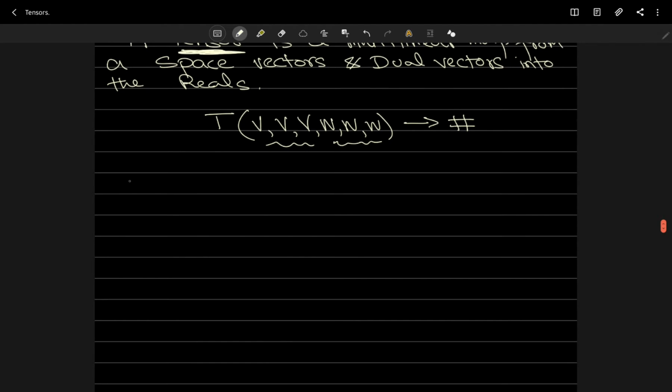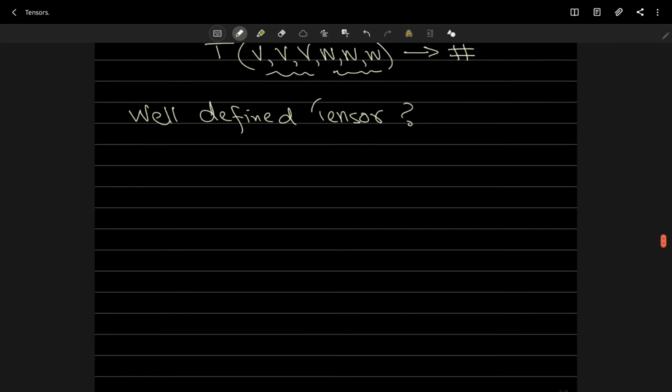So then the naturally occurring question is, what is a well-defined tensor? Well, a well-defined tensor is something that you could write as T^{μν}_{αλβγδ}, where we're just using any indices.